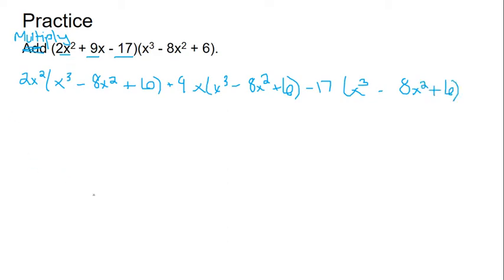So now let's go ahead and distribute and see what we get. So we're going to take our 2x squared times that x cubed, so we get 2x to the 5th. 2x squared times minus 8x squared, 2 times negative 8 is negative 16x to the 4th. 2x squared times a positive 6, so we get a plus 12x squared.